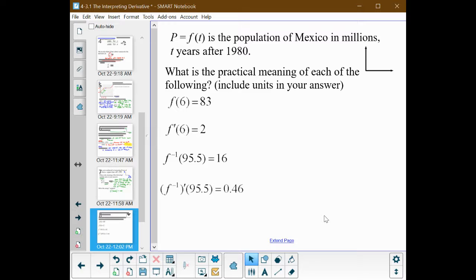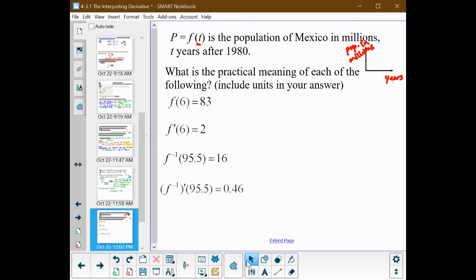All right, I'm going to set up my table here. T is the years after 1980, so this is in terms of years. And then this is the population in millions.